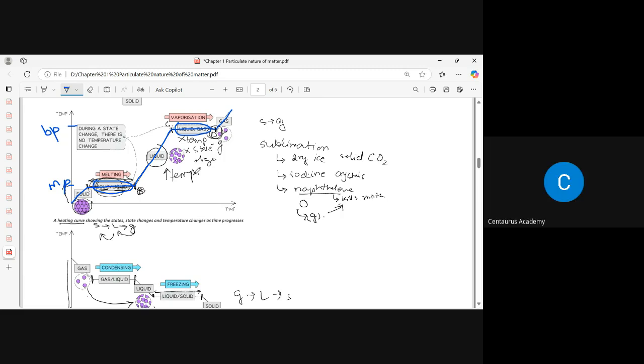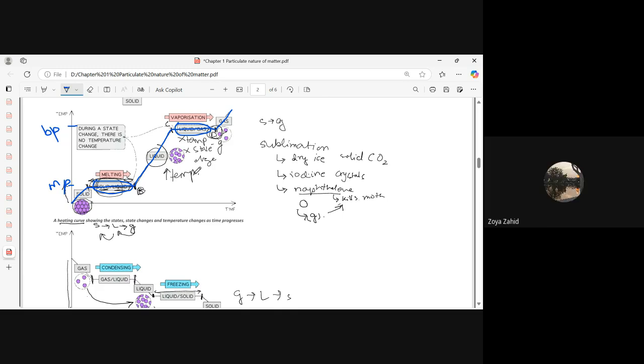The liquid is vaporizing. Okay, for the second one, we know that these state changes are taking place, but you are providing heat energy, right? So why is the temperature not increasing? Why is this a constant horizontal line, a plateau phase?